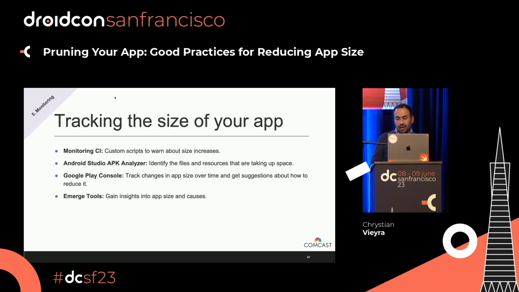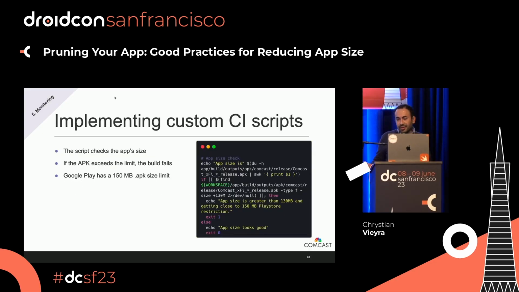You can use Android Studio APK Analyzer to identify what is occupying the space on your app and how you can make gains. You can also use the Google Play Console to see your install size change over time. And you can also use other third-party tools, like Emerge Tools, to gain insights into your app size increases and the causes.